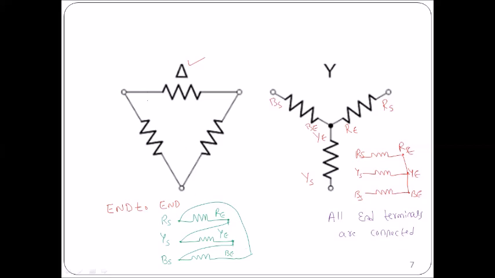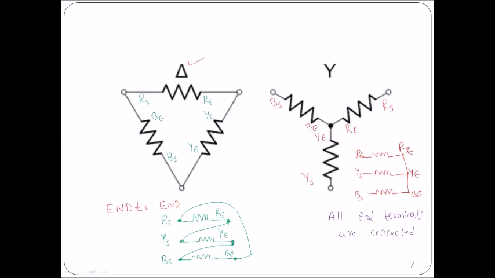How to identify this: if this is RS, RE, then this is YS, and this is YE. Similarly, this is BS, and this terminal is BE. Remember that BE and RS are connected together, and similarly RE and YS are connected together, and BS and YE are connected together.